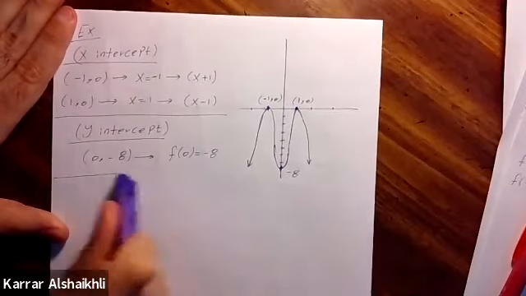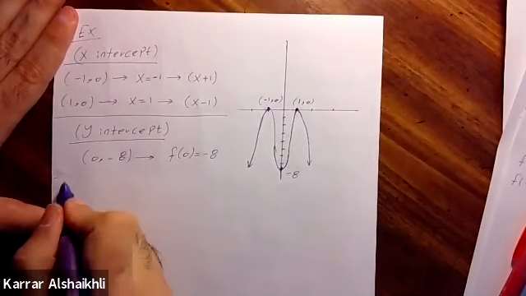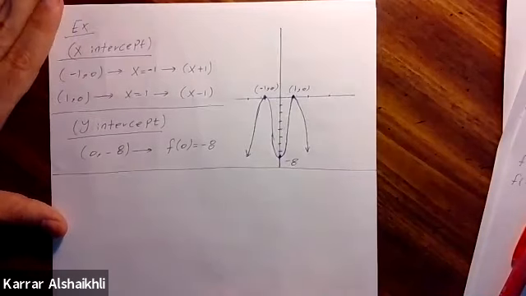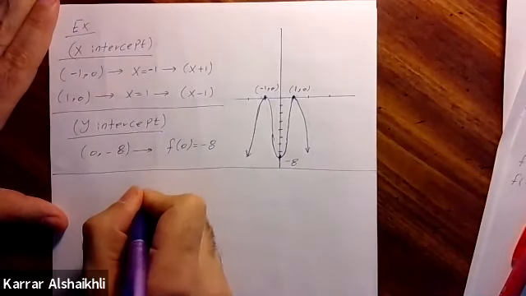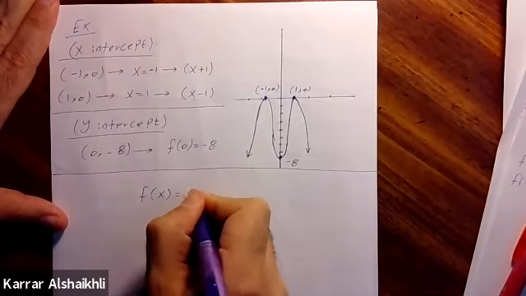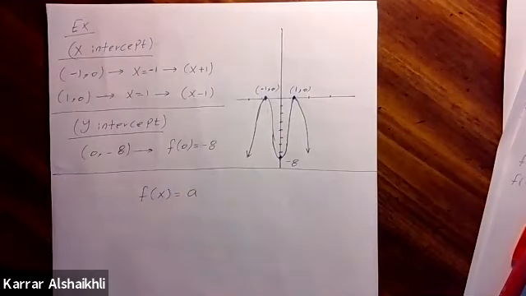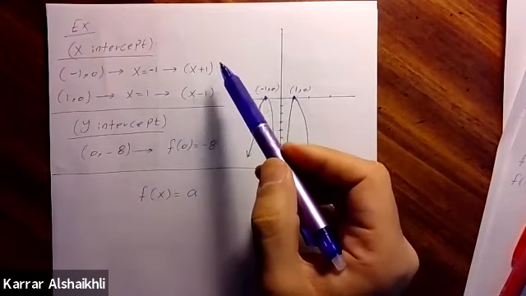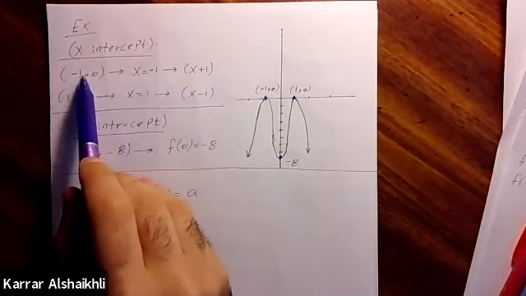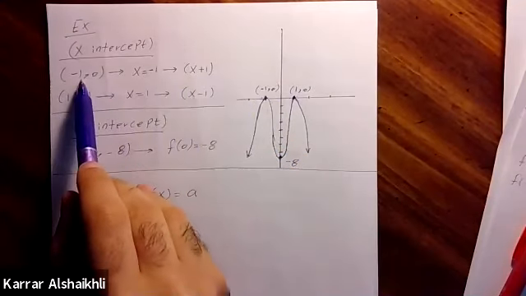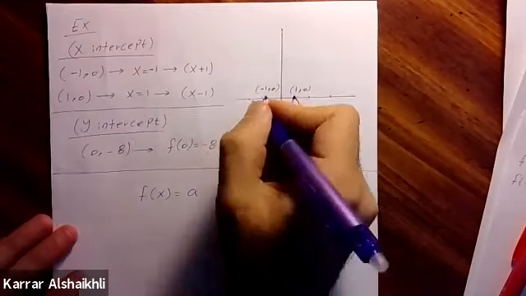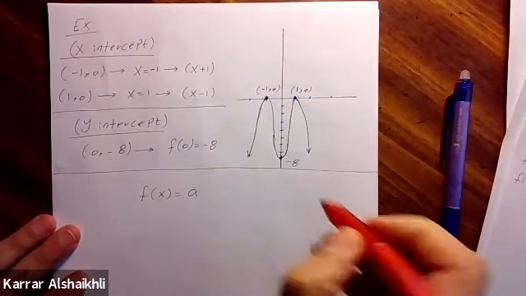Now we're going to do exactly the same process as in the previous example. We're going to write down the general form for the polynomial function, which is f of x equals a. Before we do this, let's go back to the x-intercept. At this point, which is (-1, 0), I'm going to check the graph at this point.